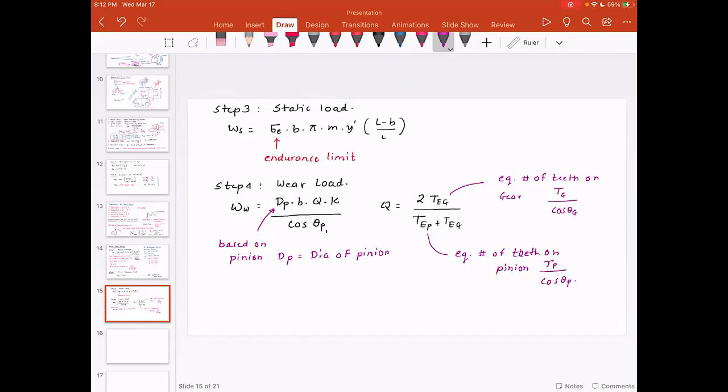Now the next part is I just want to give you some outline or hints for the shaft design for bevel gears. So first and foremost, we need to find out the value of WT, which is the tangential load.